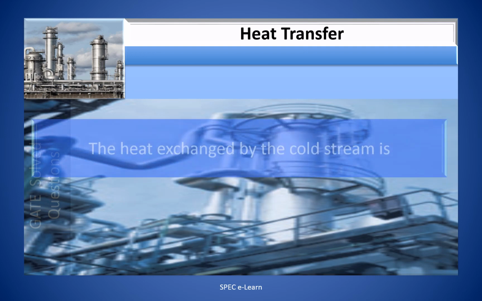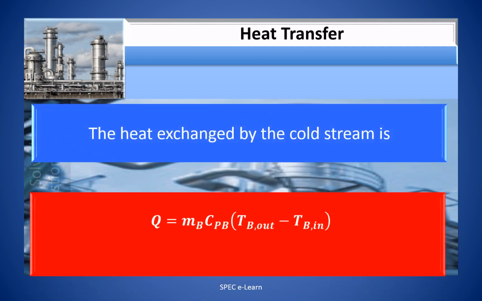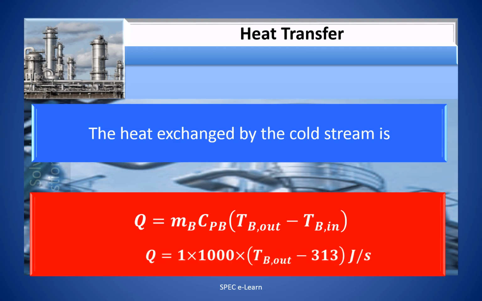The heat exchanged by the cold stream is Q equal to MB CPB times (TB out minus TB in). Substituting the values, we get Q is equal to 1 times 1000 times (TB out minus 313) joules per second.